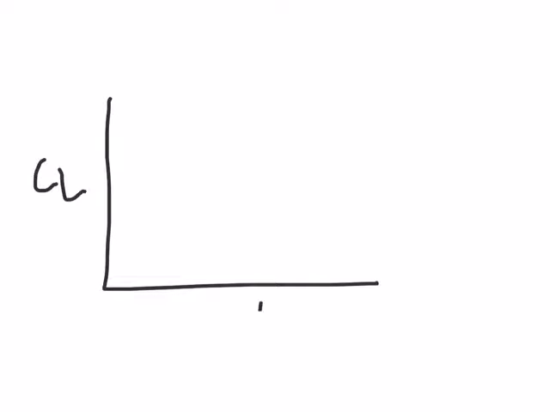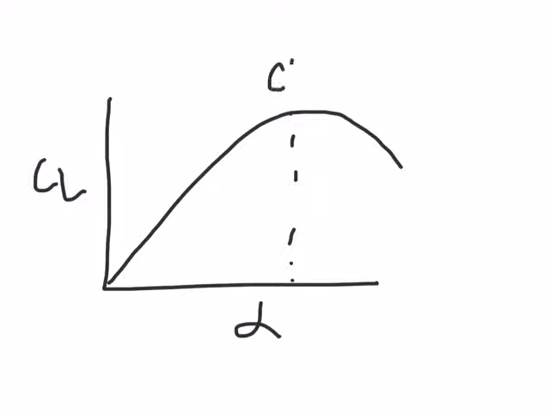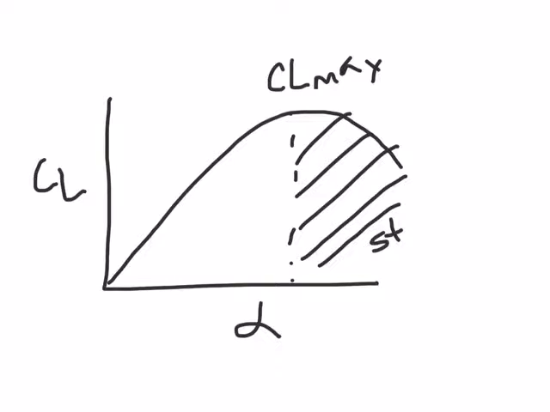I'm sure many of you have seen an angle of attack stall figure on figure 4.1. So if this is coefficient of lift and this is angle of attack, almost all of our airfoils have something like this, where this is CL max and this area is our stall area.